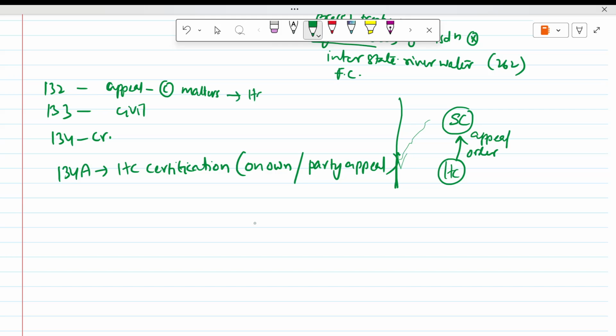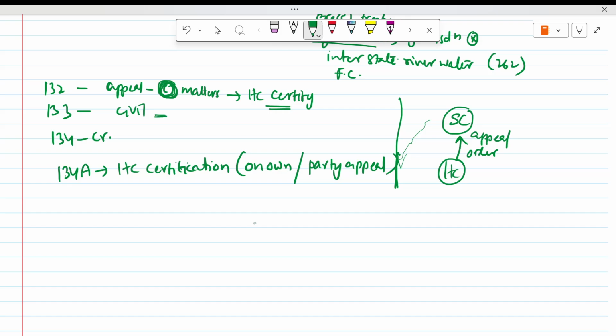Okay, if the High Court certifies that there is involvement of constitutional interpretation, then you can go directly on appeal to the Supreme Court.